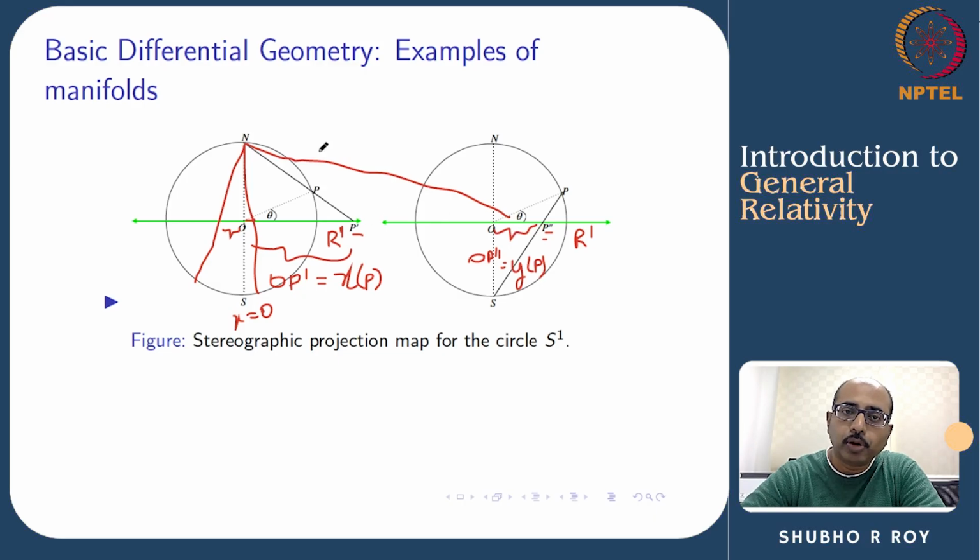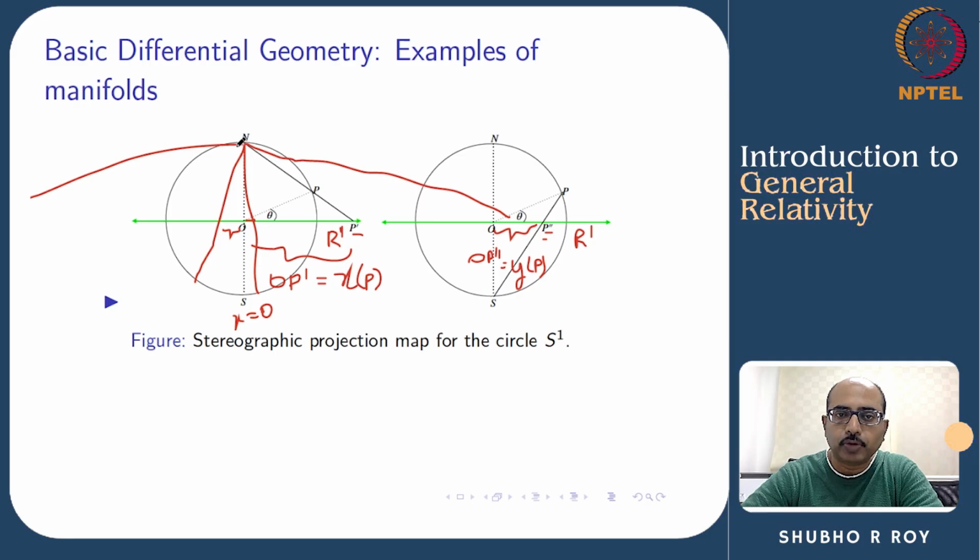And at the North Pole, the coordinate will become plus infinity, or if you're approaching the North Pole from the left side, the coordinate will go to minus infinity. So the North Pole doesn't have a definite coordinate. It has an indeterminate coordinate, because from the left you're getting minus infinity, and from the right, you're getting plus infinity.